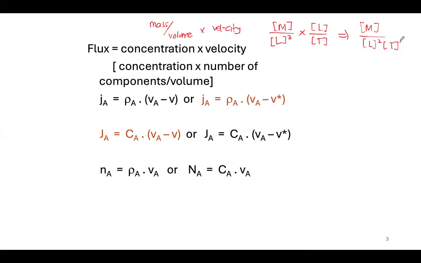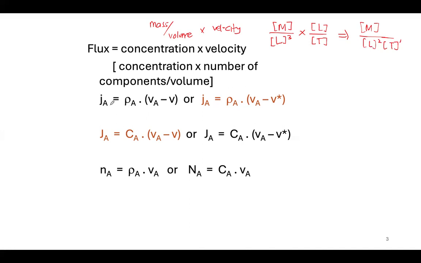So for example, the flux shows you the rate of mass, which is m over t, mass over time, divided by the area, which is L squared. Or we can say that this velocity, for this case, is the concentration multiplied with the number of components per volume.